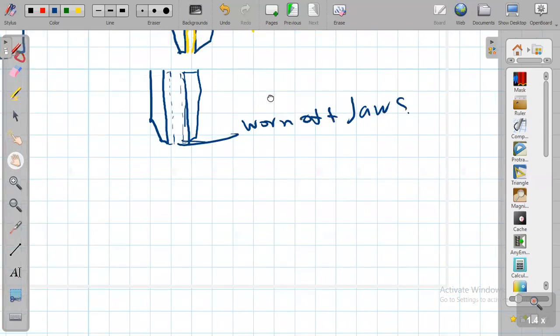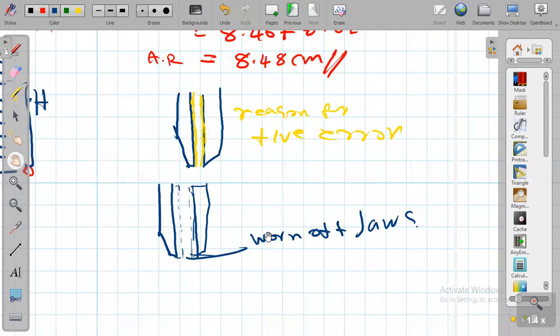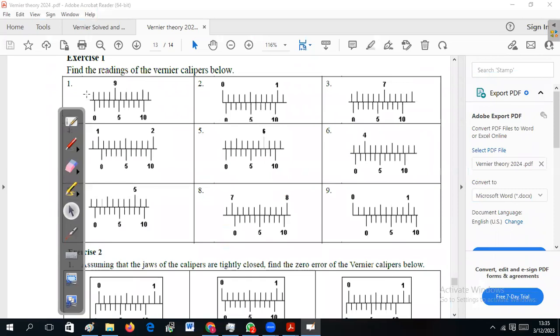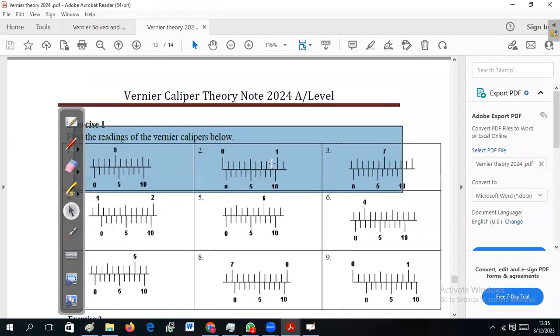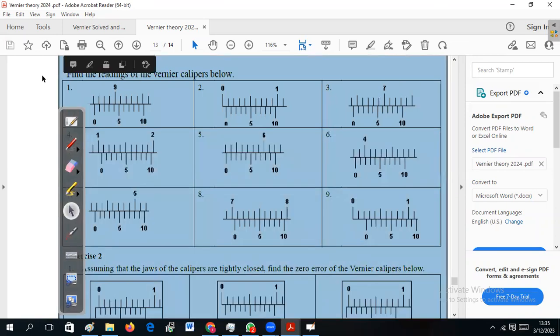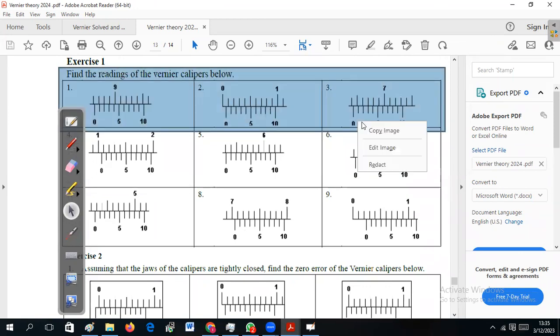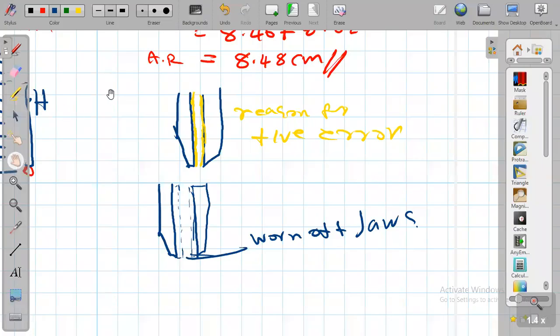Okay, guys. So now let's try some calculations from this one. Not all. I need you to find the readings of the vernier caliper below. So let's try the first three only. Quickly, let's try to obtain these results.